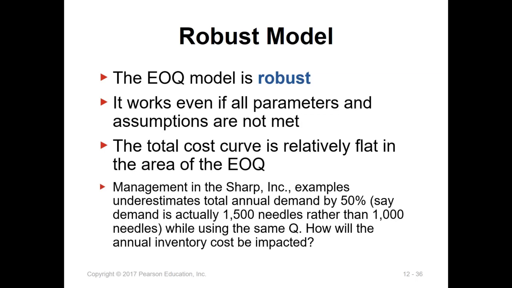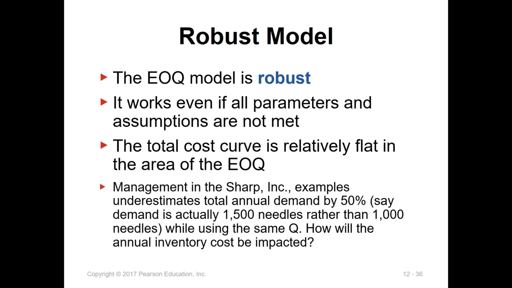In the example we solved previously, the yearly demand was 1,000. So actual demand is 1,500 needles rather than 1,000 needles, but we will use the same Q. How will the annual inventory cost be impacted? It's a very interesting example.